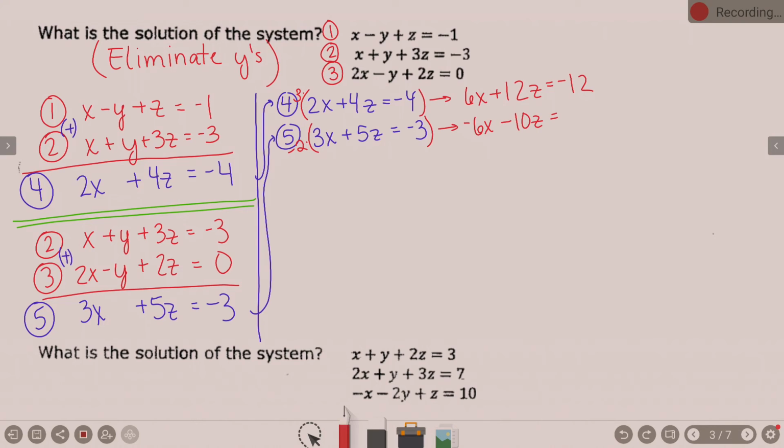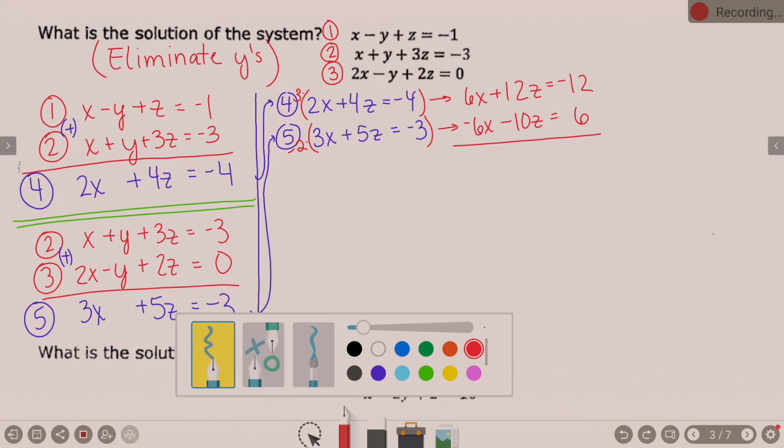minus 10z equals 6. Now, I don't name any equations past here. I don't keep numbering and say this is equation 6 and 7. I'm done at 5. If you want more equations numbered, fine, but I don't have to go back and get them anymore, so I don't feel like I need to. Am I going to add or subtract these two equations? Add.